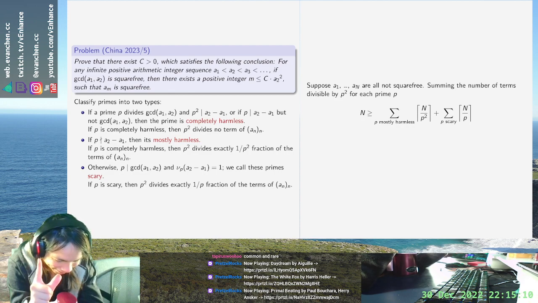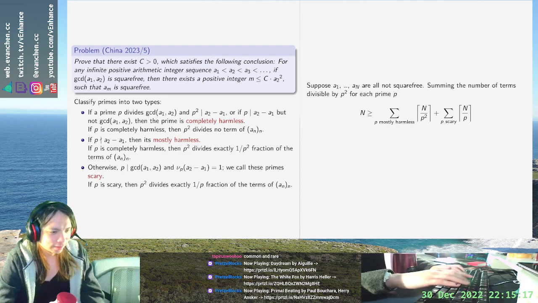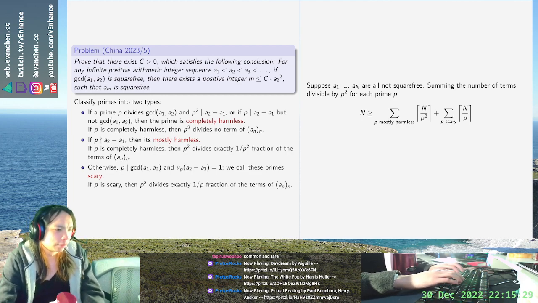Right? In fact, p squared has to actually be smaller than a sub n. Oh god, this is going to take a while.